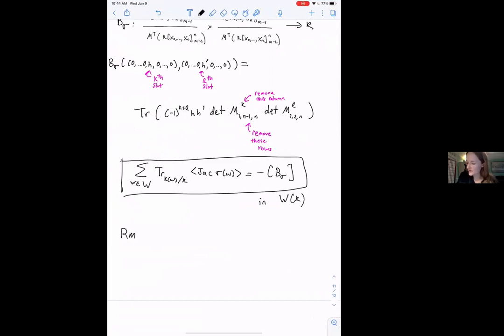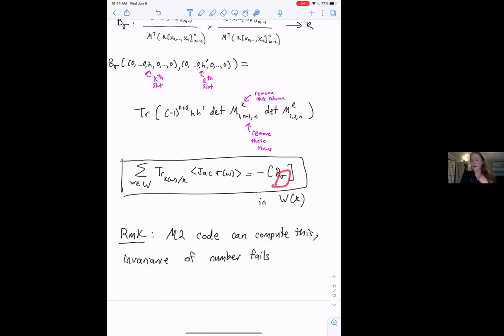So remark, there's Macaulay 2 code, can compute this. And invariance of number fails. So it really does depend on the degree 2 hypersurfaces you choose, what kind of weighted count of your solutions, field of definition, and this.